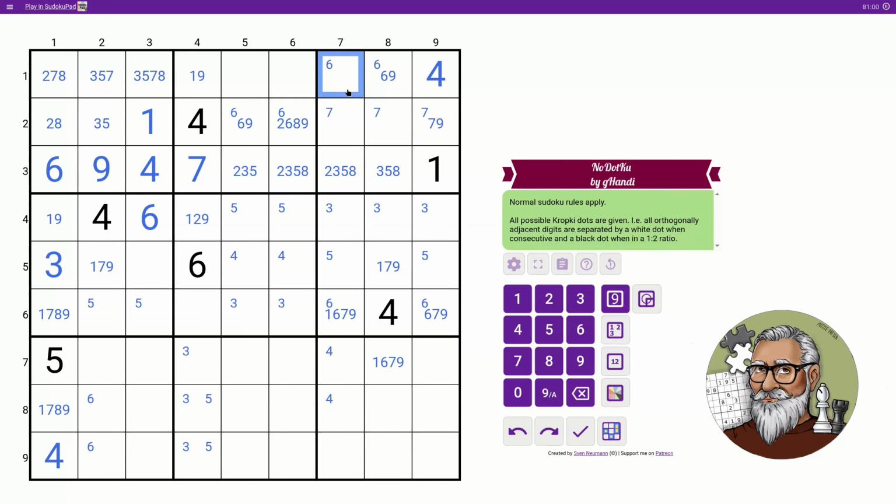That's a lot of options, right? So again, what could we have? We could have 2. We can't have 3 because of the 6. Can't have 4 because it's already taken. Can't have 5 or 6 because of the 6 or 7. But we can have 8 or 9.